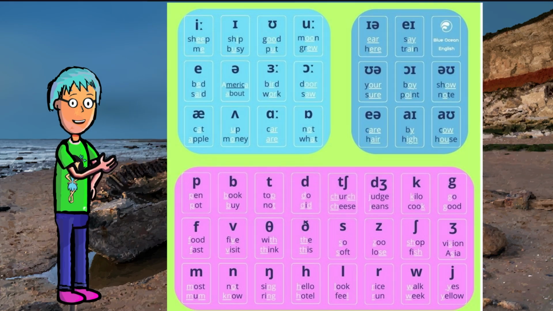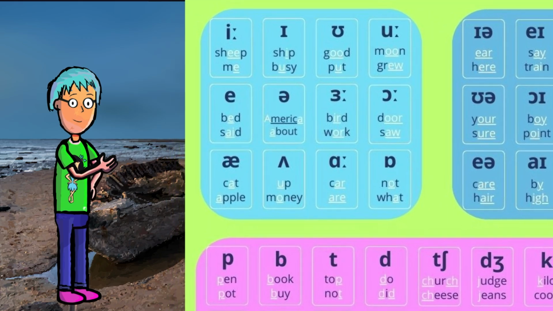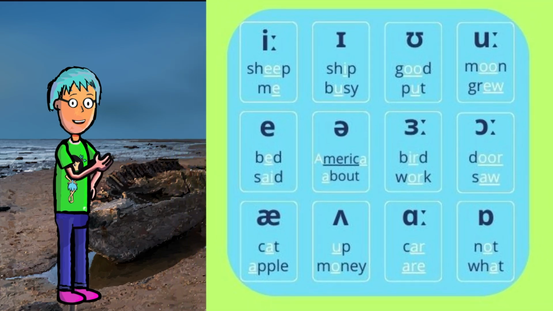So let's quickly go through all of the sounds, and I'll give you an example word for each one. The first group, the single vowel sounds. So the first symbol, like sheep. And then like ship. Like good. Like moon. Like bed. Like America. Like bird. Like door.